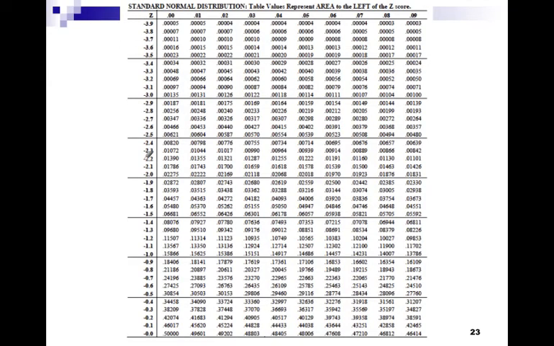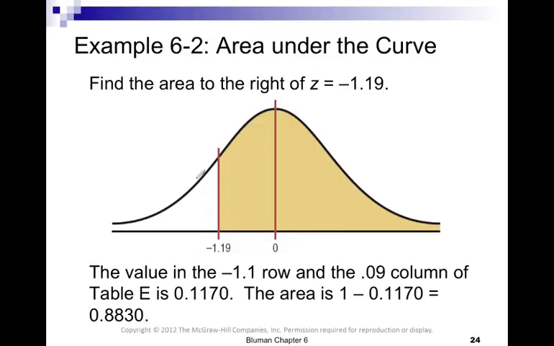And we're going to do negative 1.1 right here and 9 right here. And we're going to go down and across. Okay. And so we can see that this is the value we want right here, 0.1170. Okay?